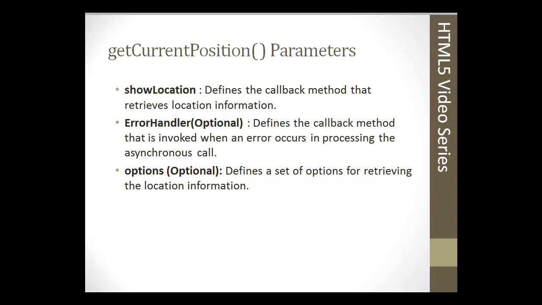And next is the error handler. The error handler method is invoked if there's any kind of error or if the positioning fails. And then finally we have the options parameter, which will define a set of options that I can show you when we start the programming.